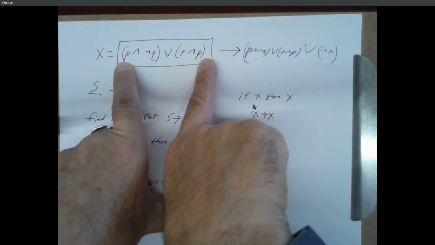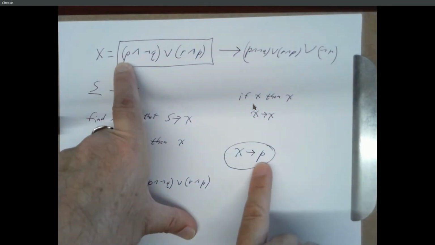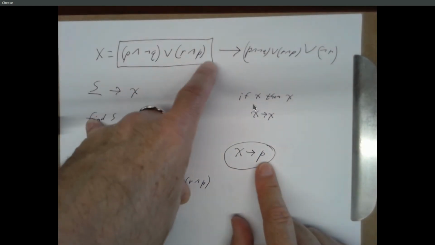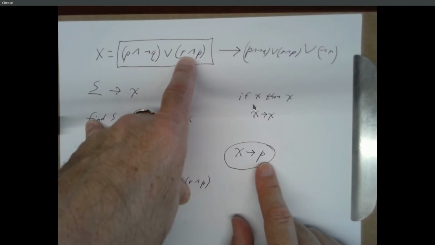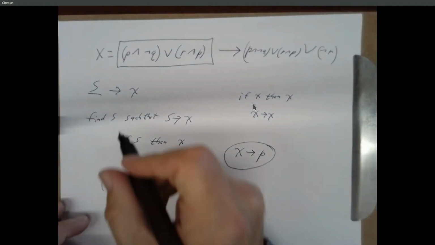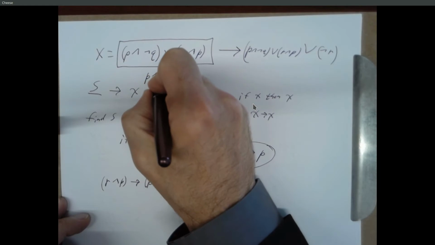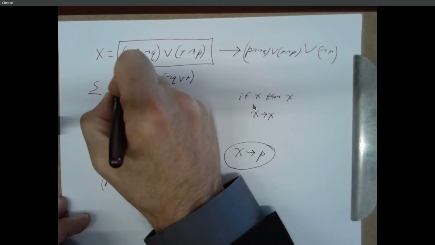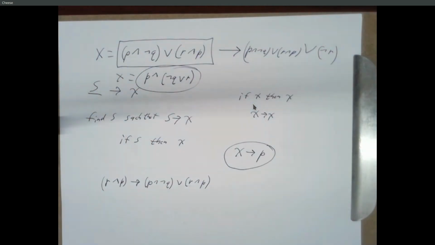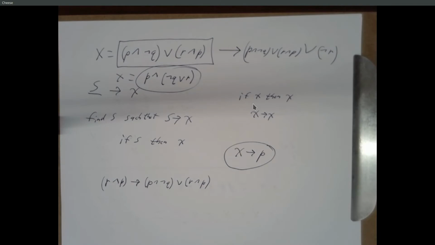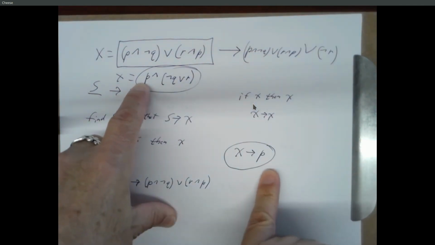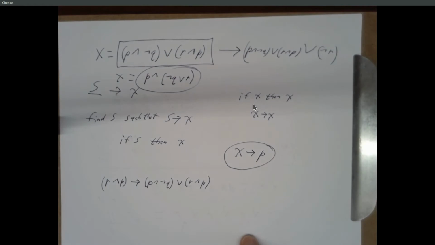So the only way that X can be true is if P is true plus some other stuff happens. Right? P has to be true and either not Q is true or R is true. You could also find this by factoring out a P. And X is actually P ANDed with this other expression. And if we know that P and this other expression is true, then we know in particular that P is true. So X implies P. That's another answer.